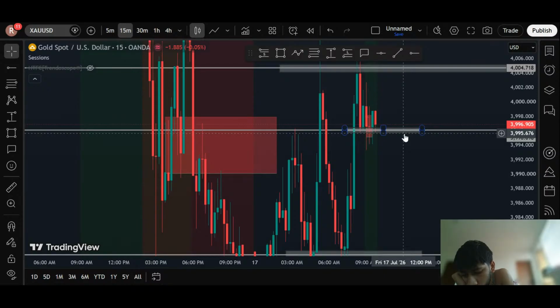But when I moved to Pakistan, then Dubai, I was just trading the London session. So I got good at that. Now I have experience trading both, so whenever I see an opportunity in the New York session, I just go for that opportunity.